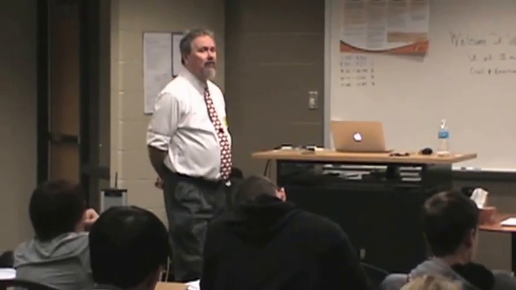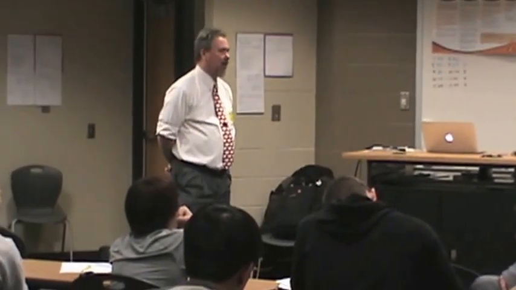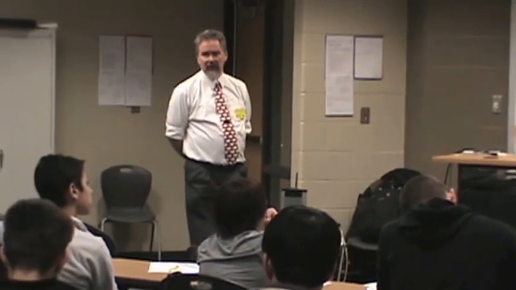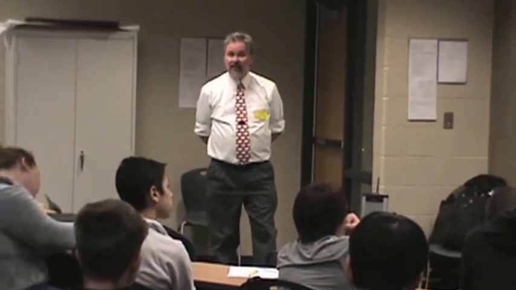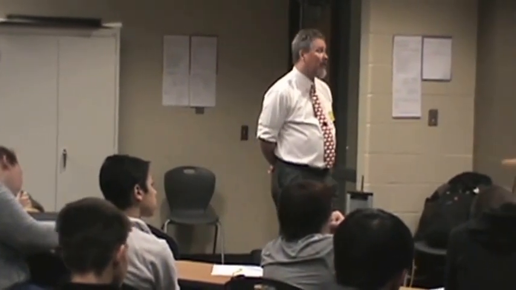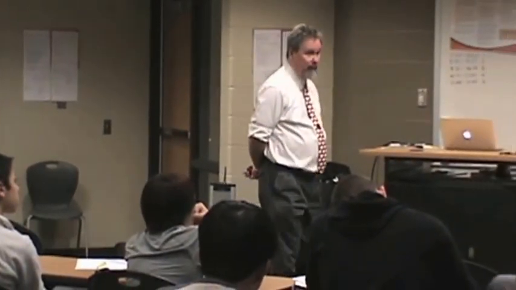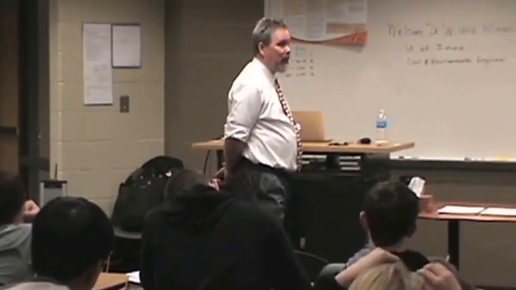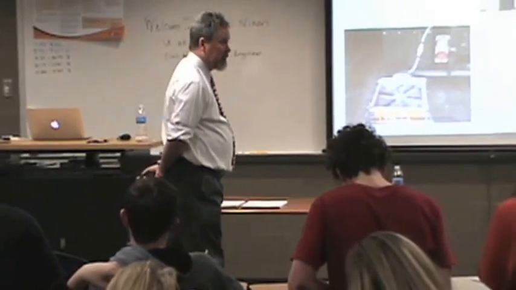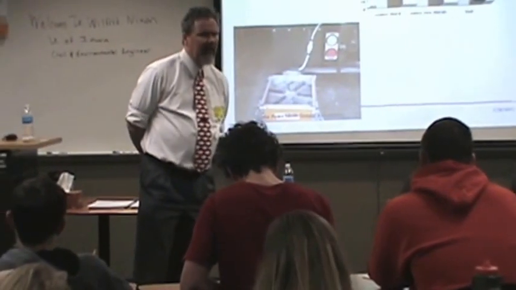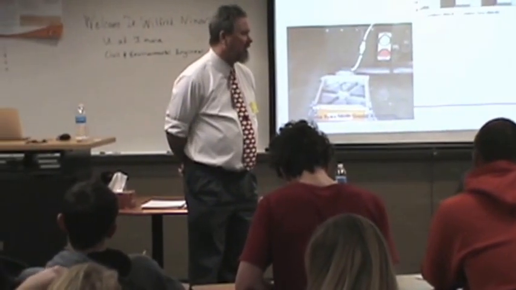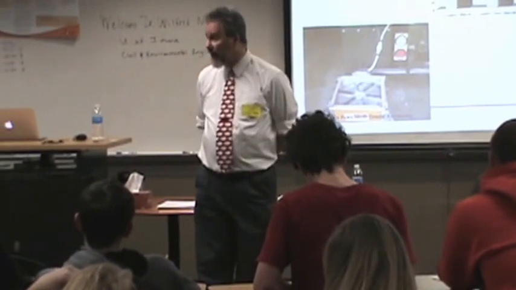If I'm putting it down dry, let's suppose I'm putting down 400 pounds a lane mile. 30% of that, or 120 pounds, goes straight into the ditch. Leaves me with 280 pounds on the road. Okay, that 120 pounds in the ditch has given me no benefit at all.